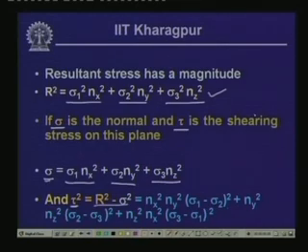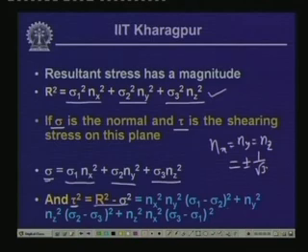Now, for octahedral planes, we have noted earlier that n x, n y, n z are of equal magnitude. n x equals n y equals n z, which is equals to plus minus 1 by root 3.